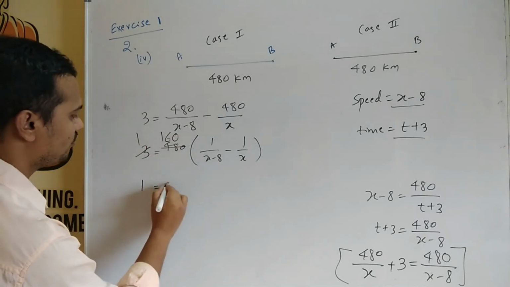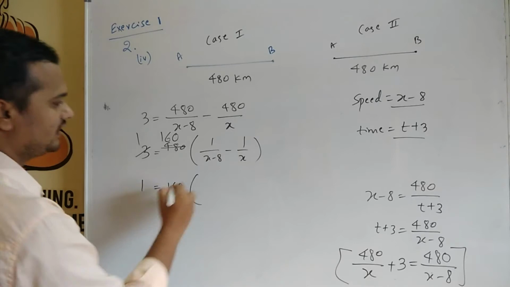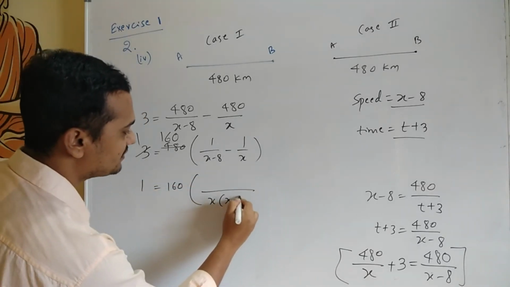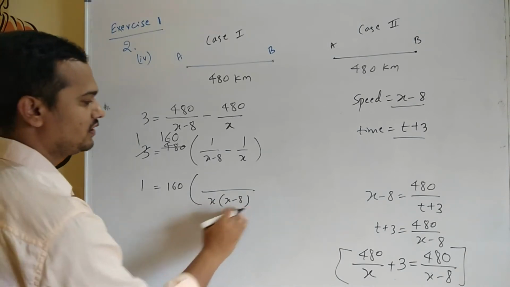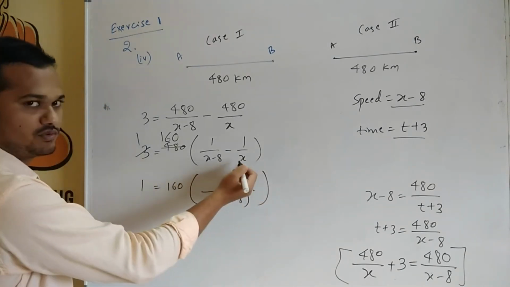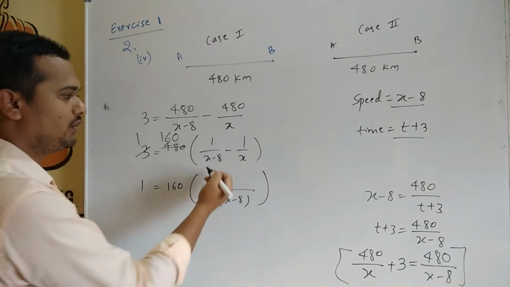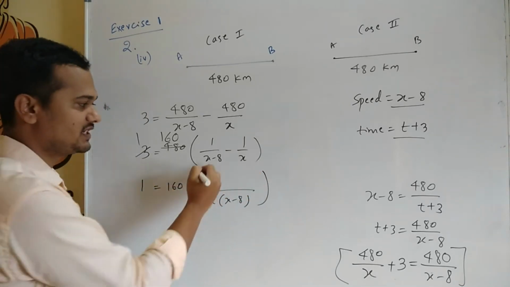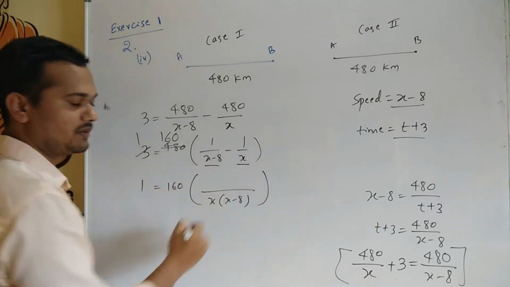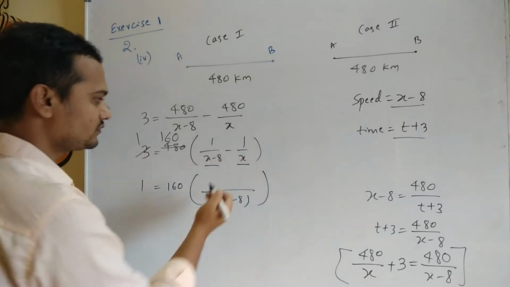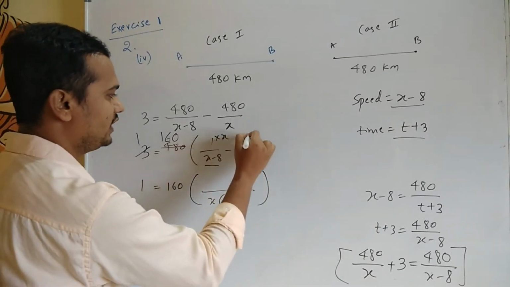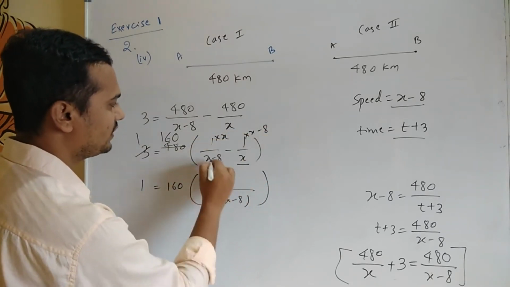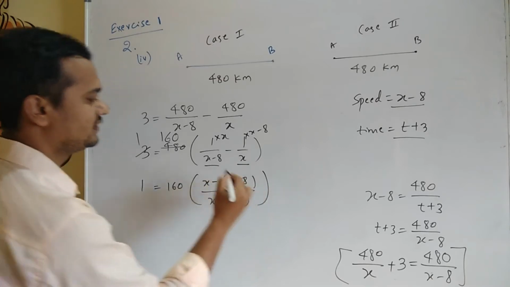So 1 is equal to 160 into, now take the LCM from this, x into x minus 8, right? Just multiply these two, because we don't have constant terms here, right? We have some variable. So to get the LCM, just multiply the two terms from different fractions. So now cross multiply into x minus 8. So now x minus of x minus 8, right?